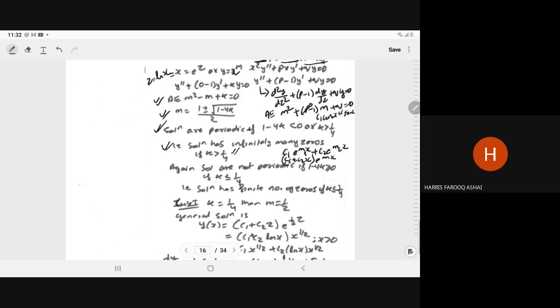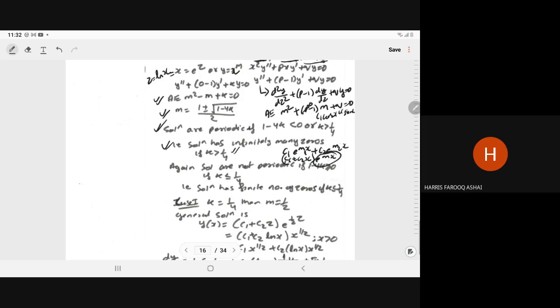Due to the involvement of the exponential, we can say either we have a curve like this or a curve like this. So here there is no oscillation.